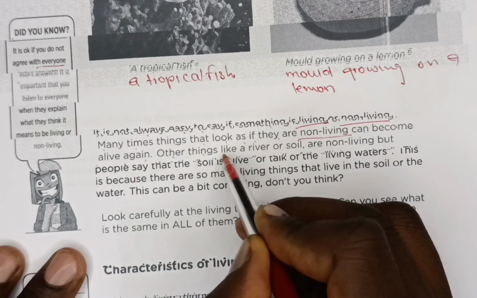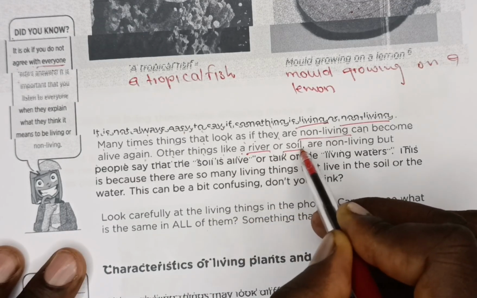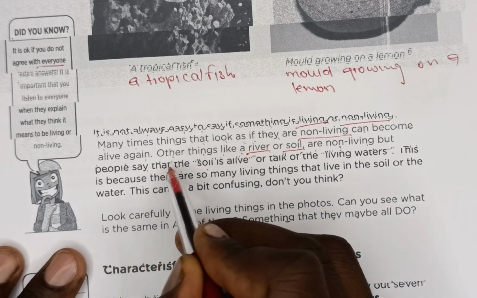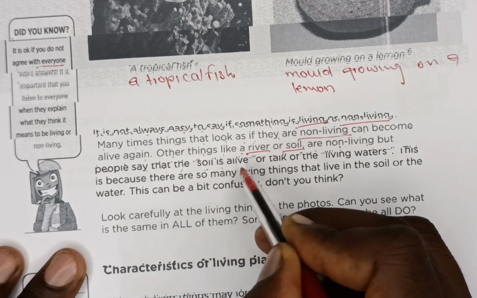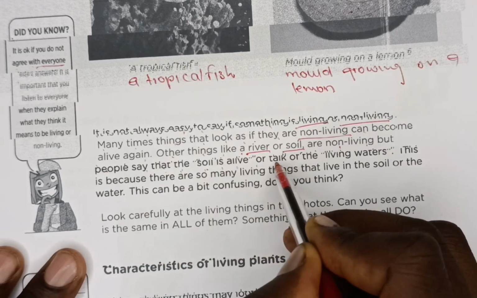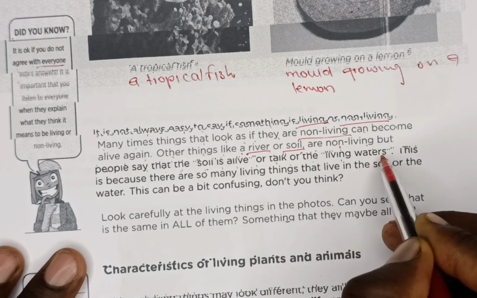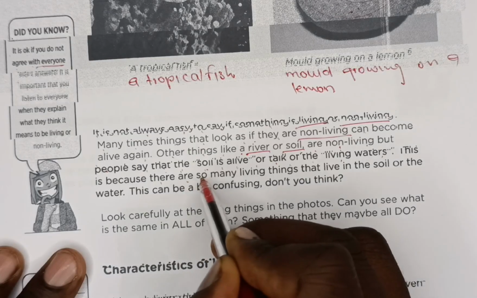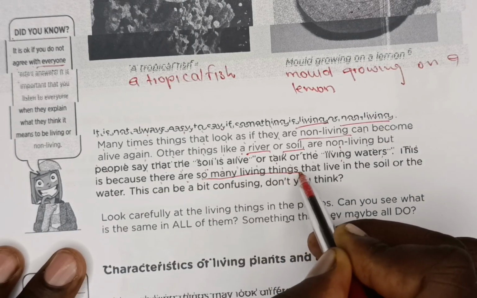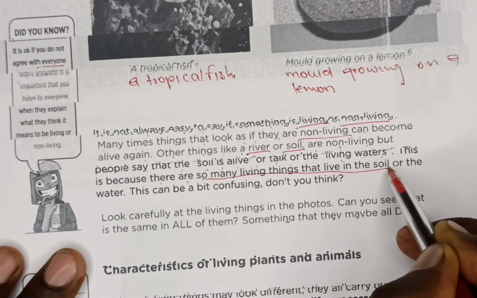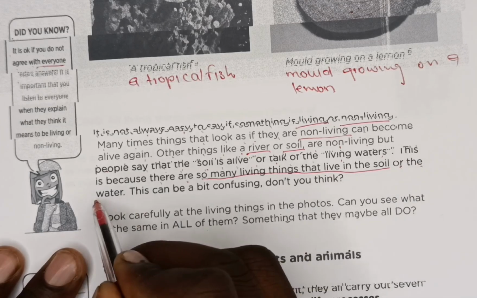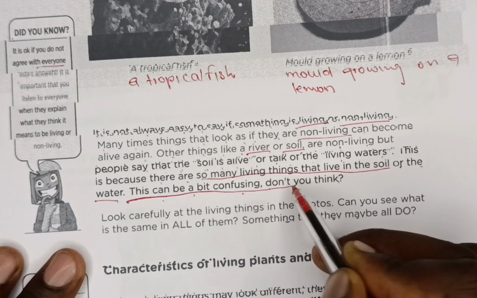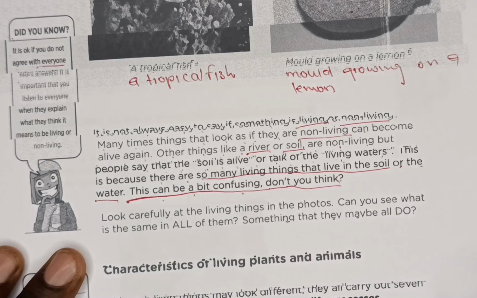Other things like a river or soil are non-living, but people say that soil is alive or talk of the living water. This is because there are so many living things that live in the soil or the water. This can be a bit confusing, don't you think?